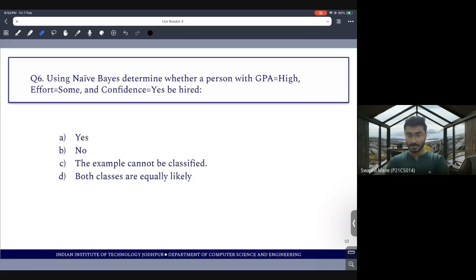Otherwise, we will discuss it anyway. Yeah. So GPA is high and effort is some. It's not a lot of effort. Confidence is yes. Is there any possibility of another option?